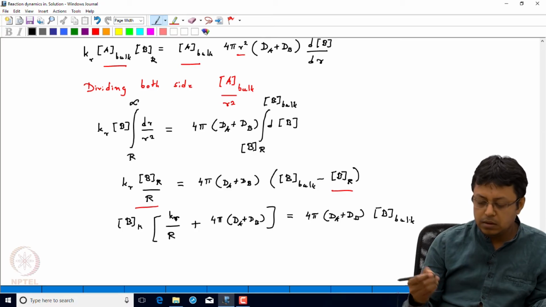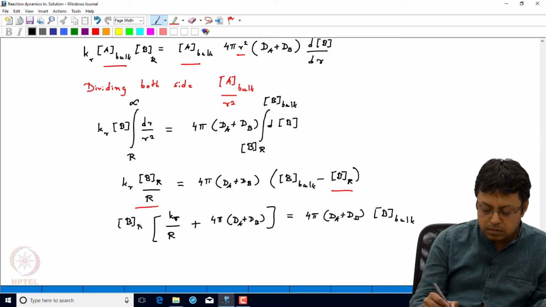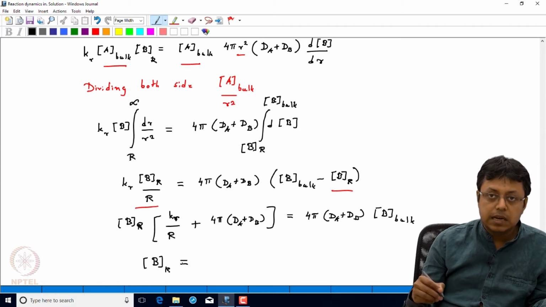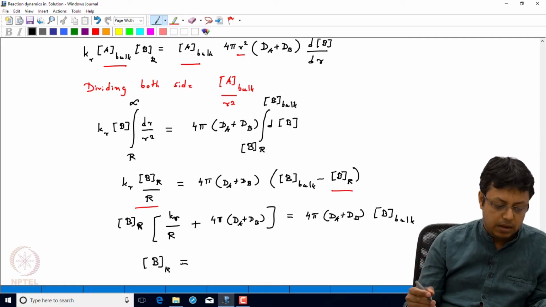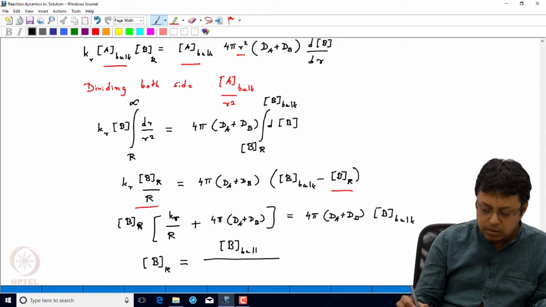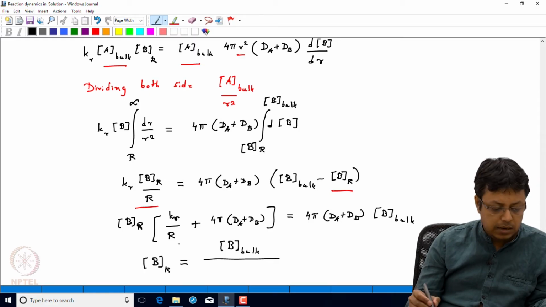So, we can now easily solve it. This is Br. What is the value of Br? This is basically the concentration of B in the vicinity of A, and that is nothing but equal to the B bulk, its bulk concentration, divided by this entire thing.